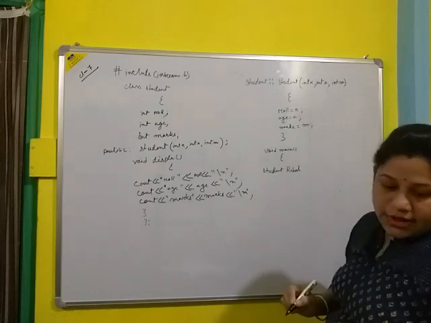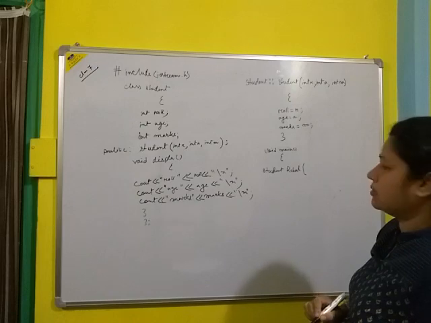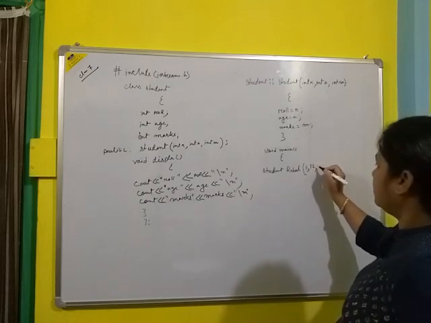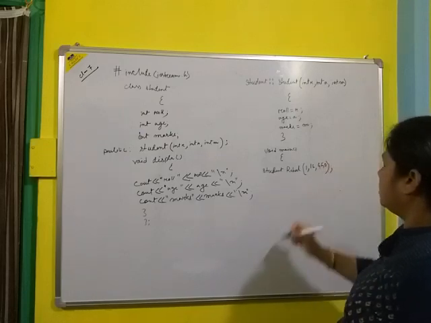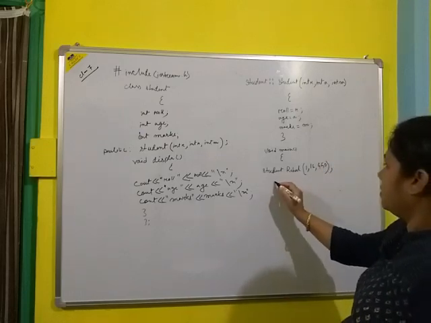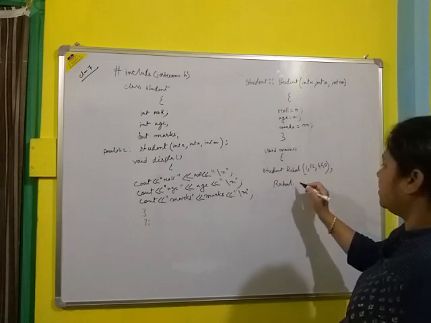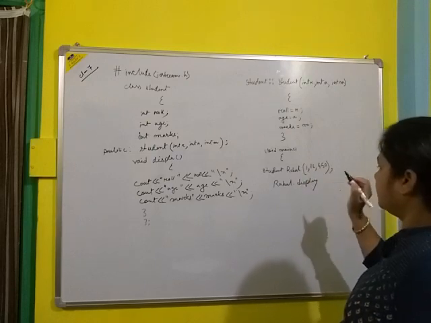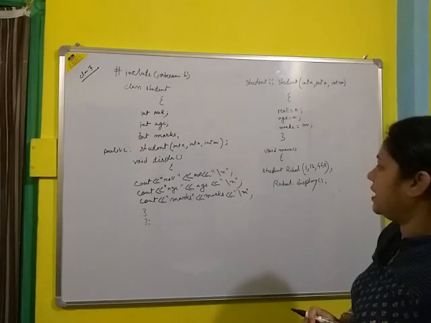Student Rahul, round bracket, 1, 16, 450 suppose. Then Rahul dot display. The object Rahul calls the display function here.